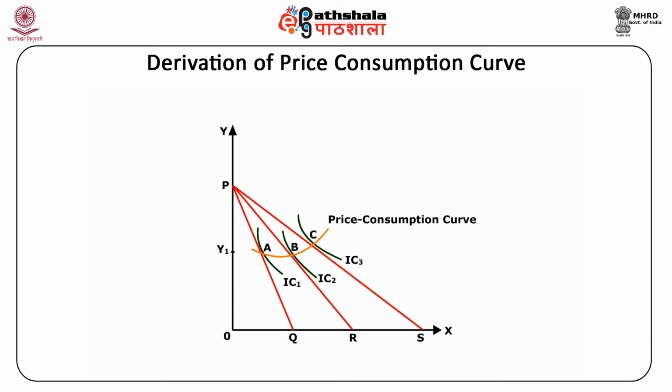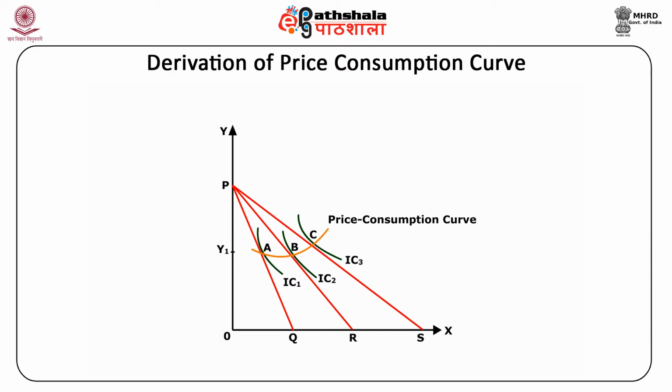At A, the consumer purchases OX1 of commodity X and OY1 of commodity Y. Now, suppose the price of good X falls, ceteris paribus, that is, income and price of the other commodity remaining constant. As a result, the budget line swivels from PQ to PR. The consumer moves to a new equilibrium B on a higher indifference curve IC2.